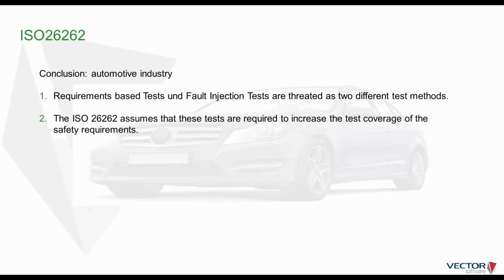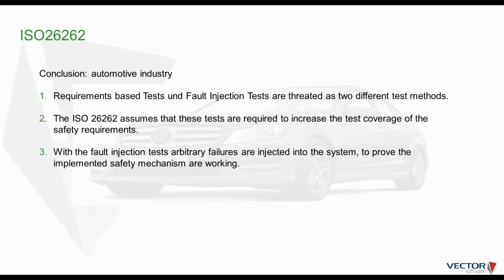So what I assume is that ISO 26262 assumes that you don't get full coverage with requirements. Therefore, you increase it with fault injection testing. Next statement: with the fault injection test, arbitrary faults are injected into the system to prove that the implemented safety mechanisms are working.